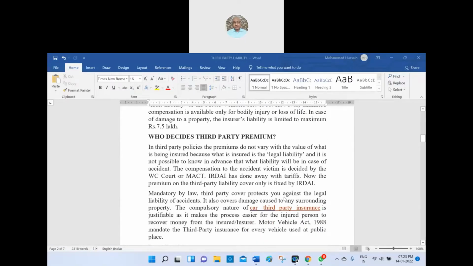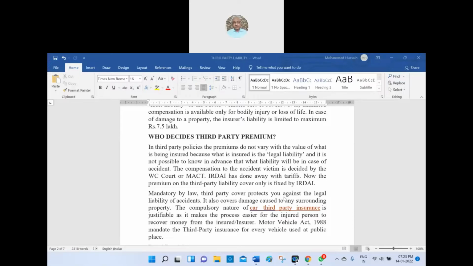So who decides the third party premium? Naturally, there is a ready reckoner provided by the IRDAI. What is IRDAI? Insurance Regulatory Authority.